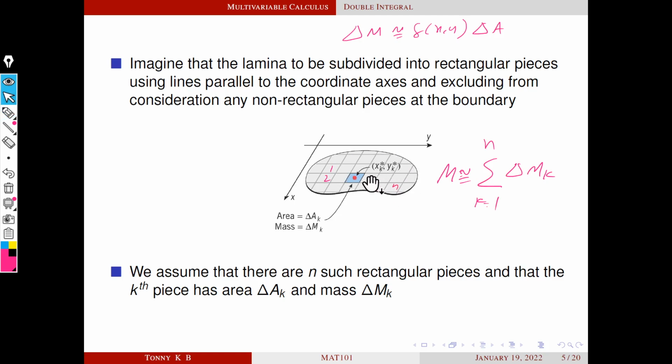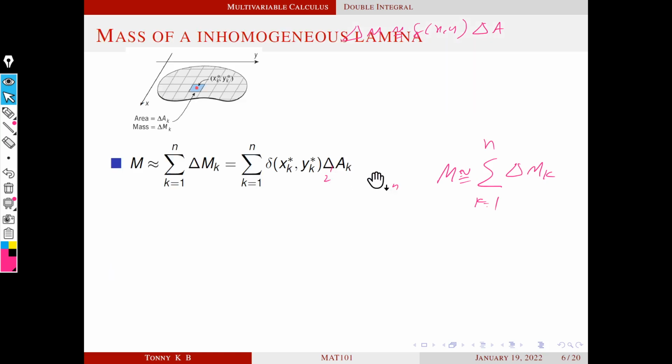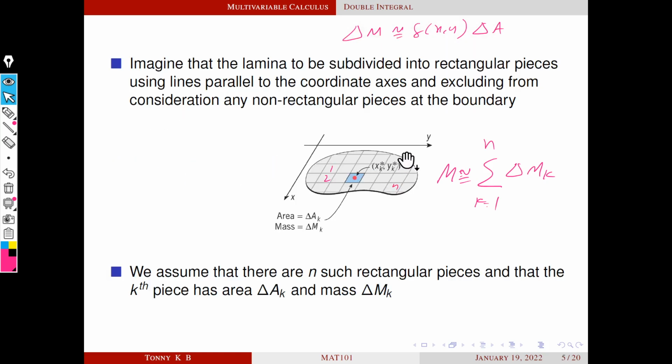Here we assume that the density function is known. That means we know the density at a point (x_k star, y_k star). What is (x_k star, y_k star)? It is an arbitrary point from the kth rectangle. So how to approximate delta m_k using the density function?